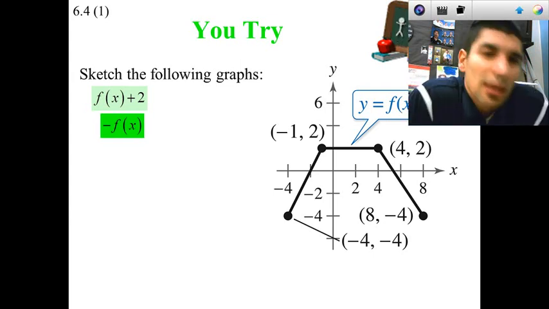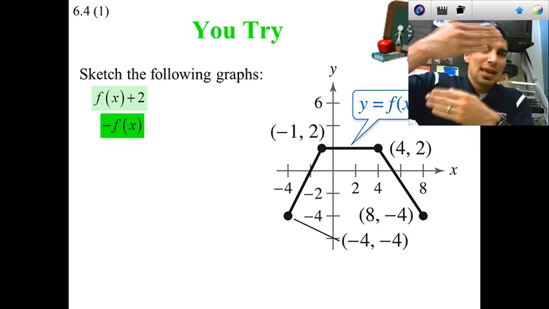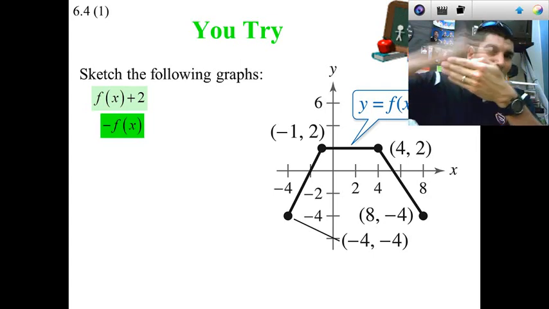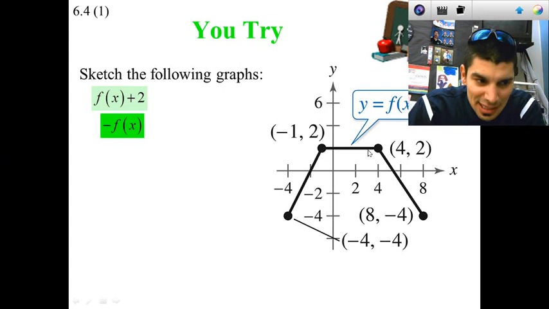So I'm hoping you think that this is a reflection about the x-axis. Anything that was a positive will come to be a negative. Anything that was a negative will go to be a positive. So that means these points that are here, this was a positive 2, is going to end up being down here at a negative 2.